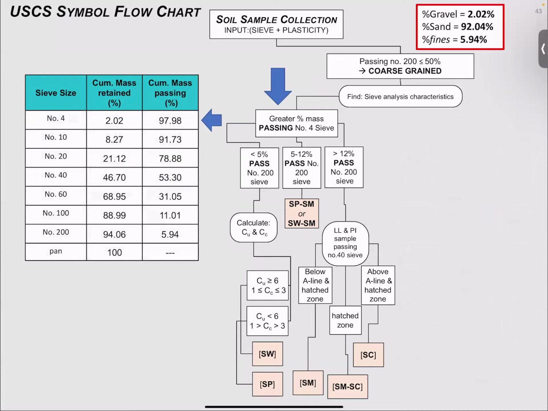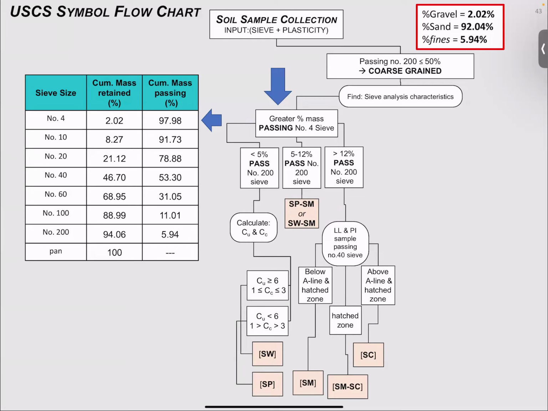This is where we have to look at the number 200 sieve to determine whether it is going to be a sand, a silty or clayey sand, or an SP-SM, one of those mixture sides between 5 and 12. If we have less than 5% passing the number 200 sieve, then it's going to be a sand. If we have greater than 12%, then it's going to be a silty or clayey sand.